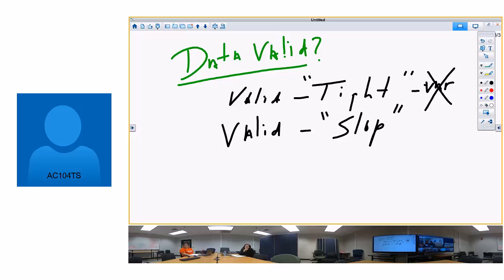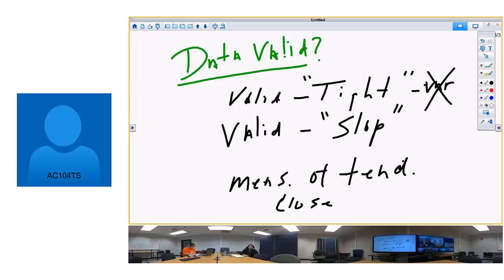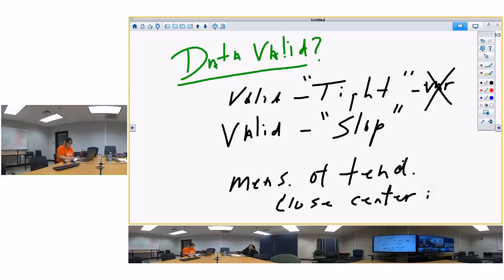Whereas the sloppy data is all over the place. Now, how do you tell that? Well, you tell that by your measures of tendency. And the measures of tendency is basically how close to center it is.